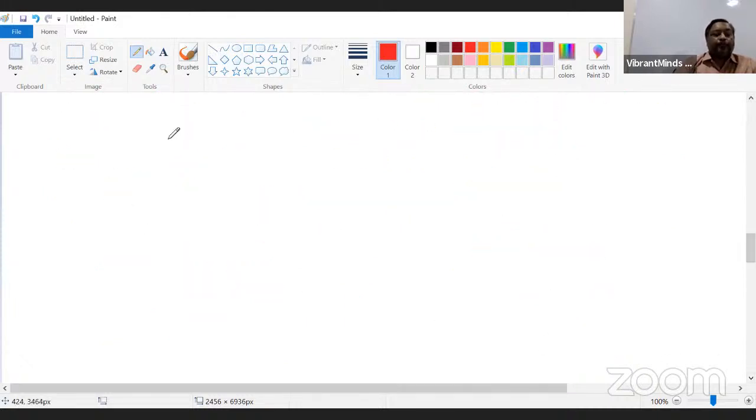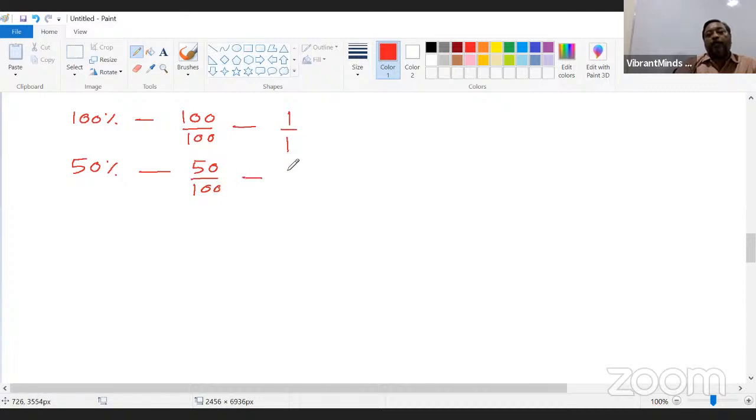Now, please, let's have a theory. When I say 100%, it means 100 upon 100, or can I say in fraction it is 1 by 1? So we must remember some. 50% is 50 upon 100, and the fraction is 1 by 2.